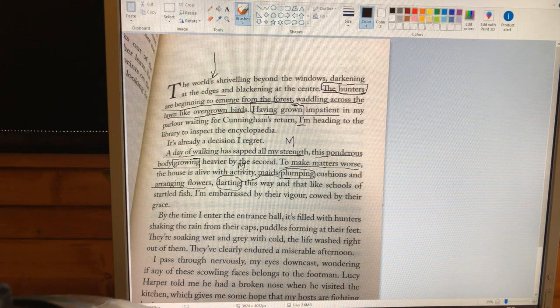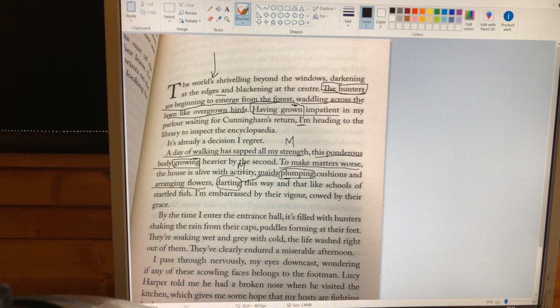This ponderous body growing is an absolute phrase. But having grown impatient is a participle phrase again, because it starts with the participle. Okay, so nice, simple difference there to remember. Participle phrases start with participles, absolute phrases start with nouns, and then they modify that noun. And they mustn't have an auxiliary verb between the noun and the participle, otherwise you've got a main clause.